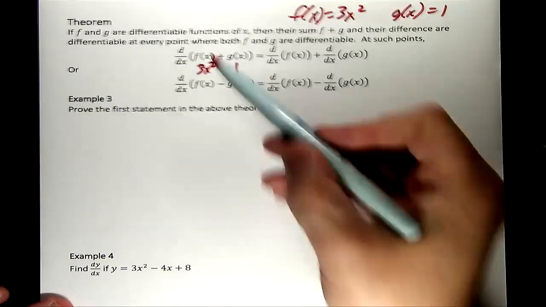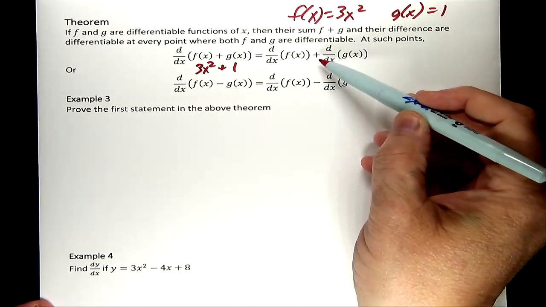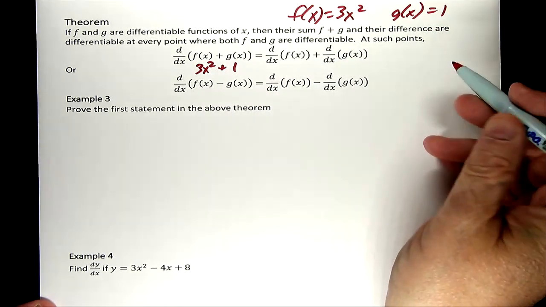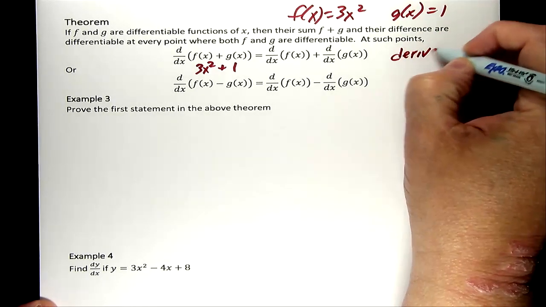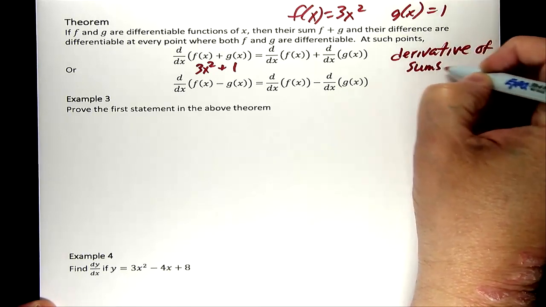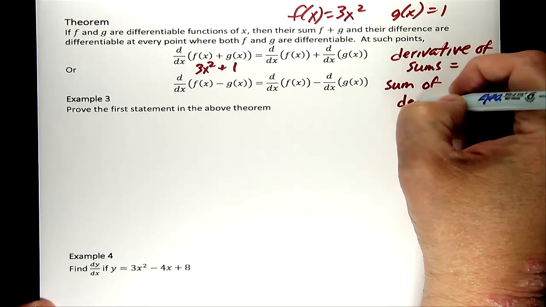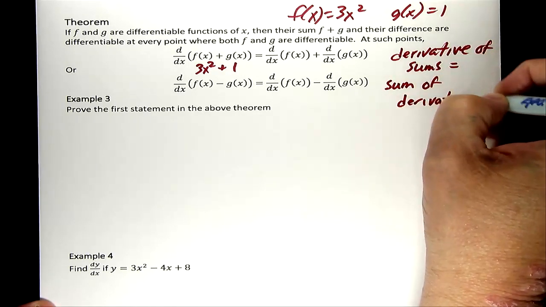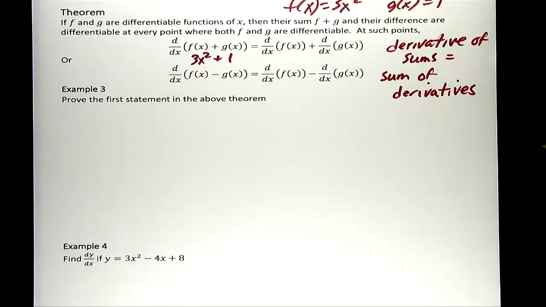So the derivative of a sum of a few functions equals the sum of the derivatives. Derivative of sums equals sum of derivatives. And same thing with subtraction, because subtraction is just addition of the opposite.